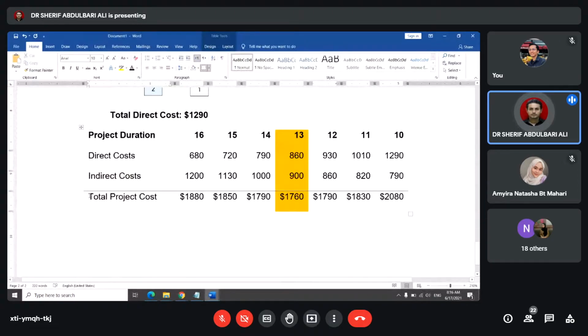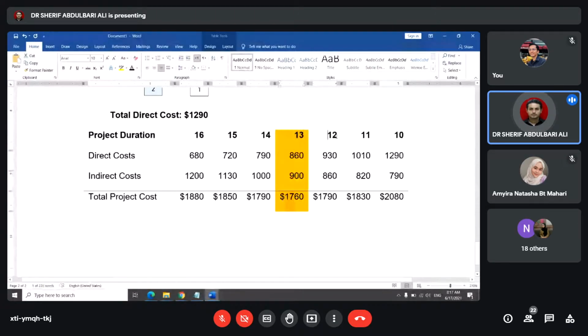So we are looking here at the total project cost. The total project cost for week 16 is 1,880. Week 15 is 1,850. It's decreasing. Week 14 is 1,790. Still decreasing. Week 13, it's 1,760.